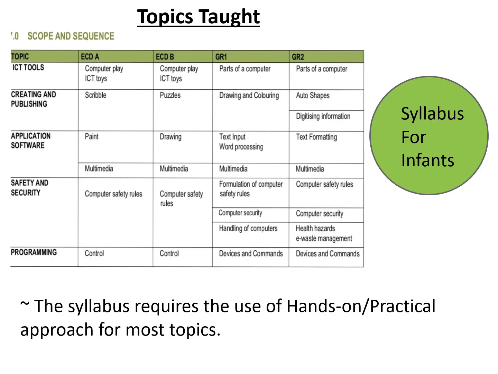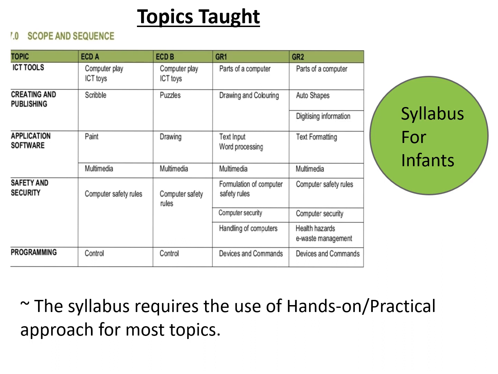The following are the topics that we teach. These are the ICT topics that we teach, and this is the scope and sequence chart for infants. These are the topics: ICT tools, creating and publishing, application software, safety and security, then programming.